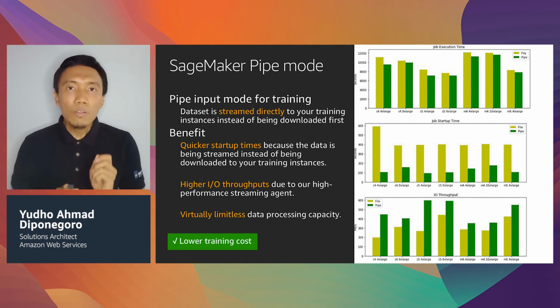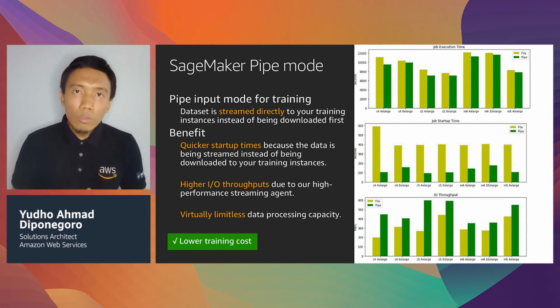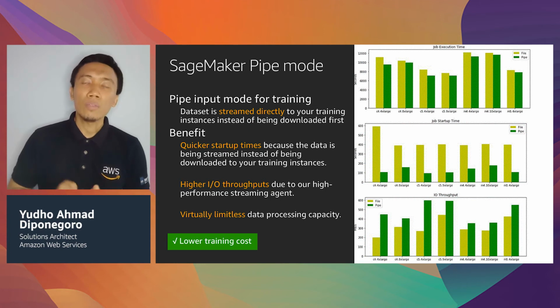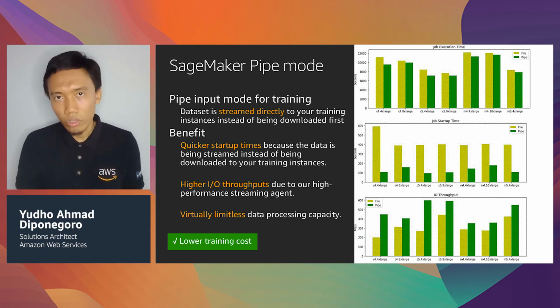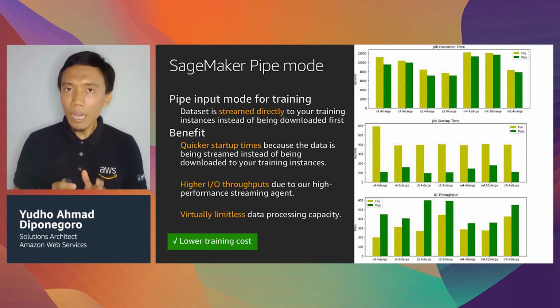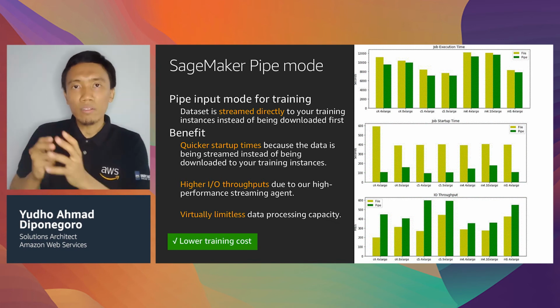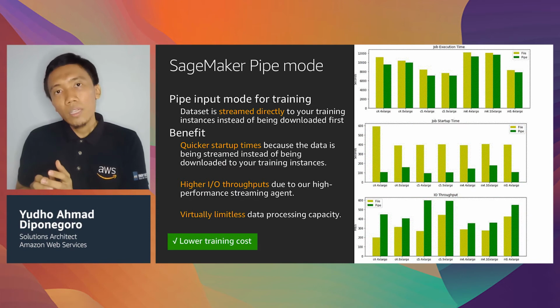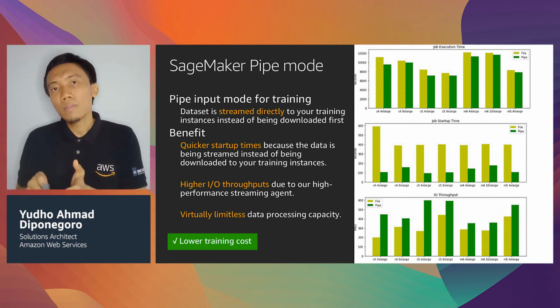Alright, another way to further cost optimize our training job is by using pipe mode. There are two ways we can get our data downloaded from S3 into the running container that runs the training job: file mode or pipe mode. Using pipe mode, SageMaker will stream the data directly from S3 into the running container, so that your training job doesn't have to wait until the full data is loaded before it can start.